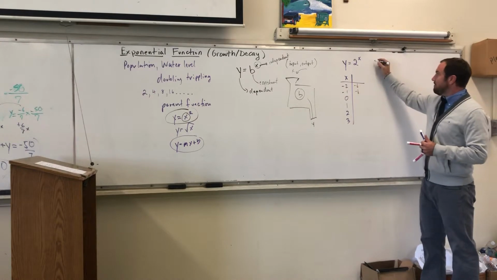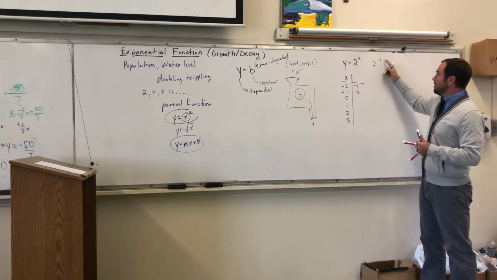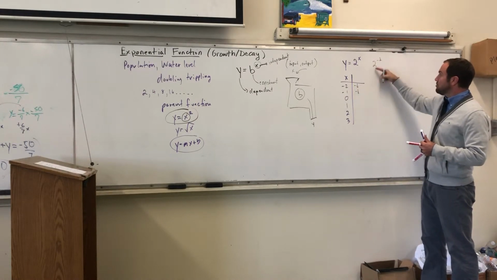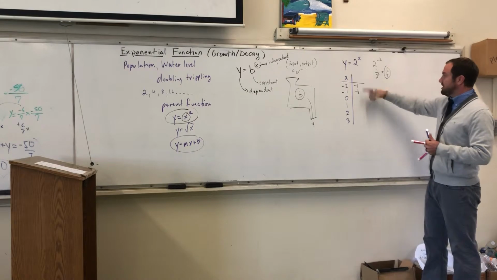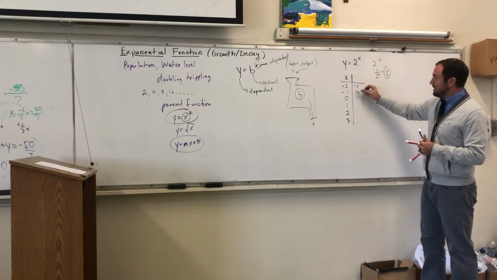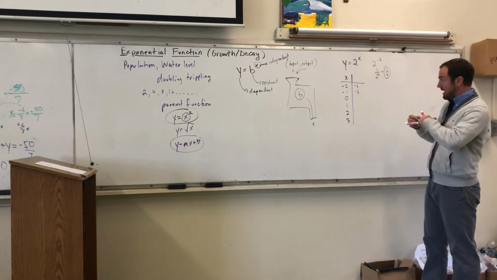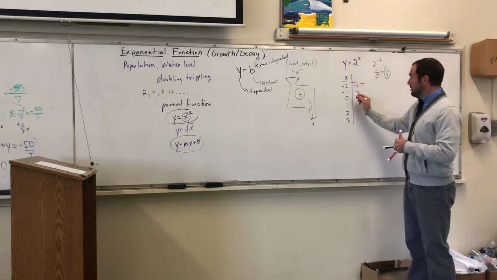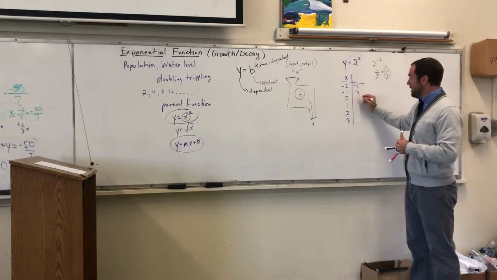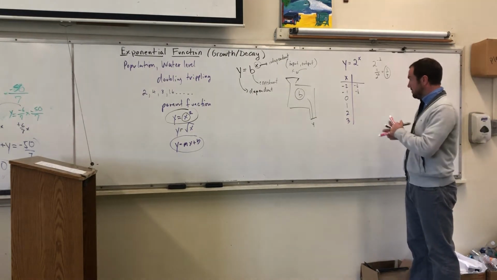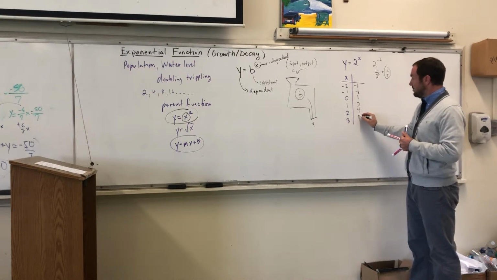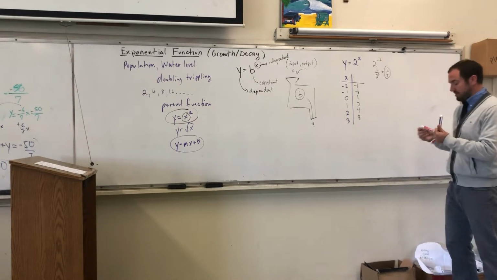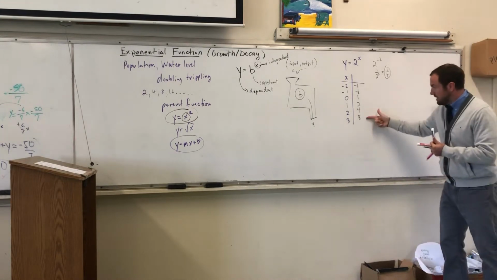We remember that from working with our rules of exponents. 2 to the -2 is really 1 over 2 squared, which is really 1 over 4. So we've seen the effect a negative exponent has. And then any number raised to a 0 power is 1. And then you have 2, and you see the doubling start to take effect.